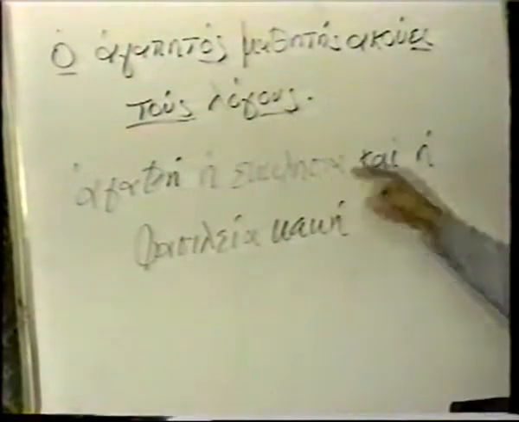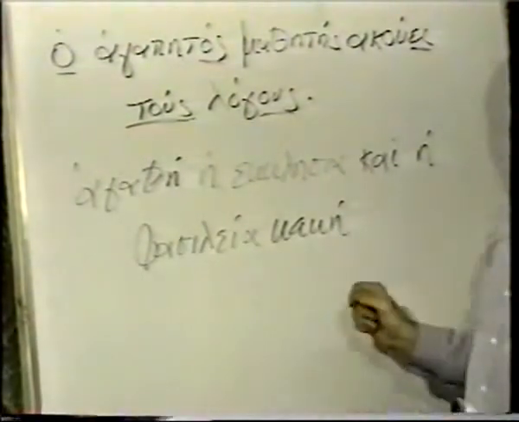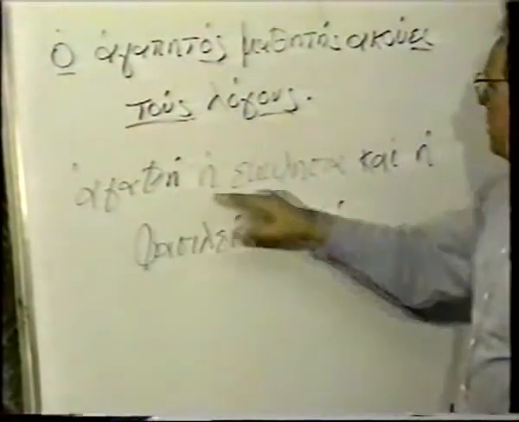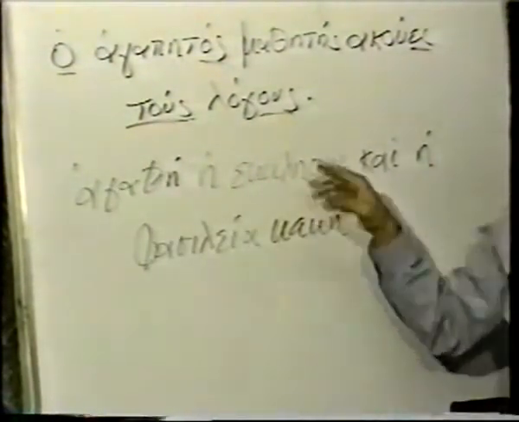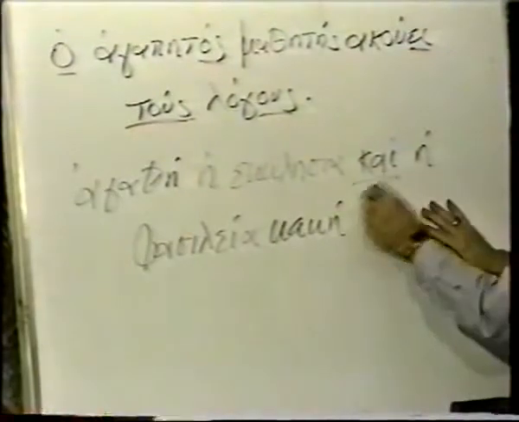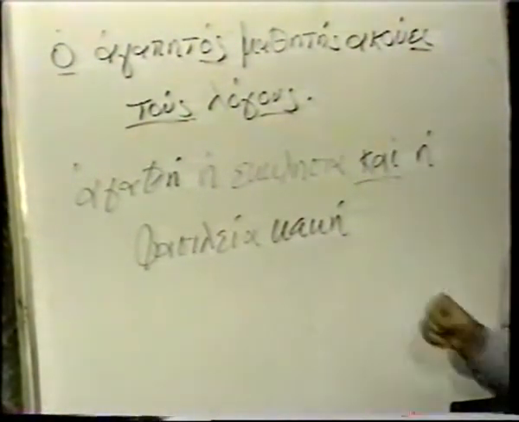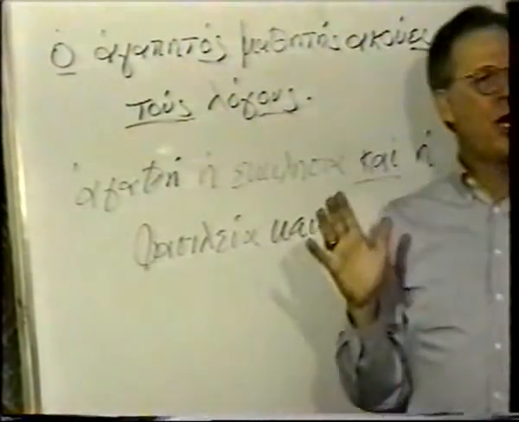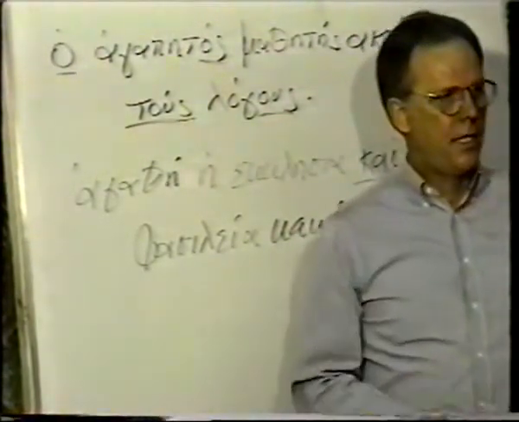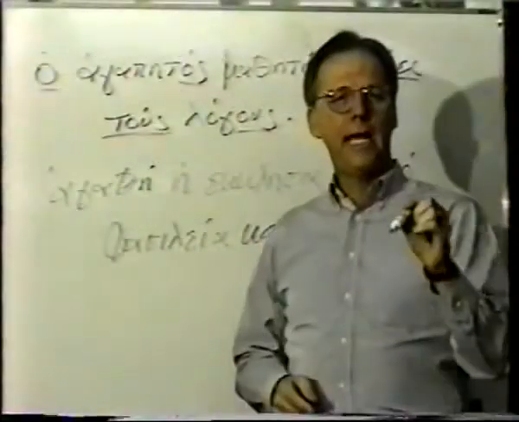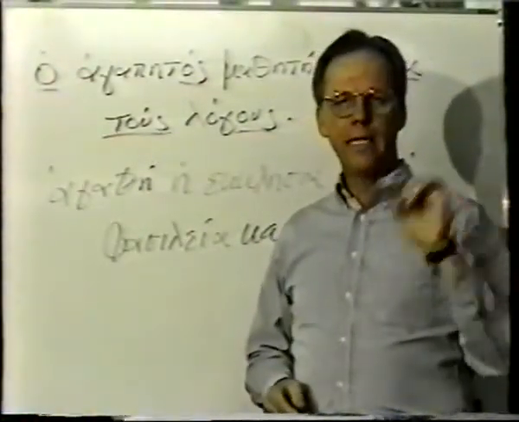Agathi i ecclesia ke i vasilia kaki. Now we have a comparison. We are saying good the church, or the church is good, and ke, the kingdom is bad or evil. Notice there is no verb here. In Greek, we can often speak not using a verb, but understanding the action already in progress.